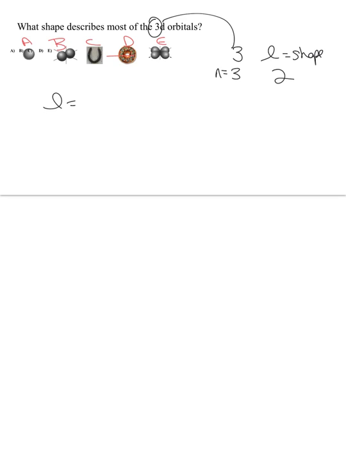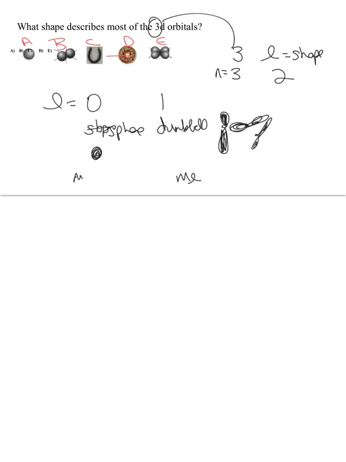If l equals 0, then it's a sphere. If l equals 1, it's a dumbbell shape, and there's 3 orientations. So the m sub l number here would be -1, 0, +1.